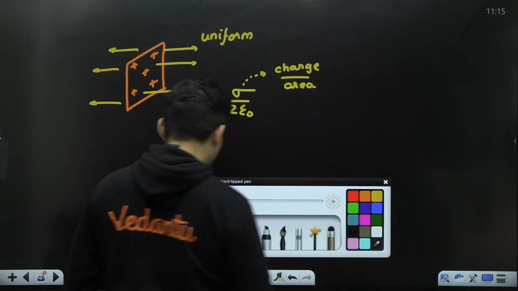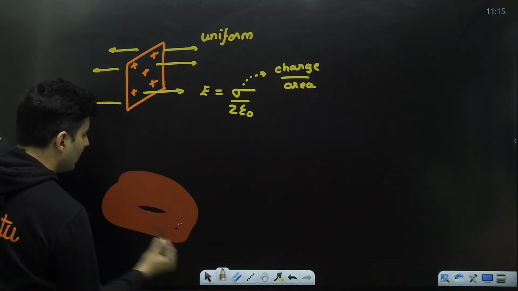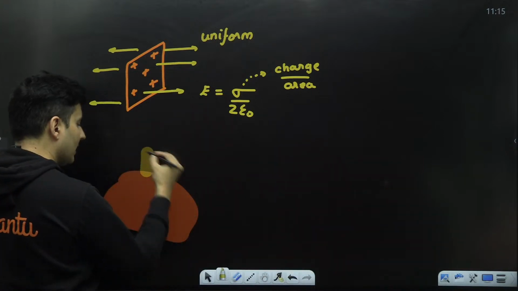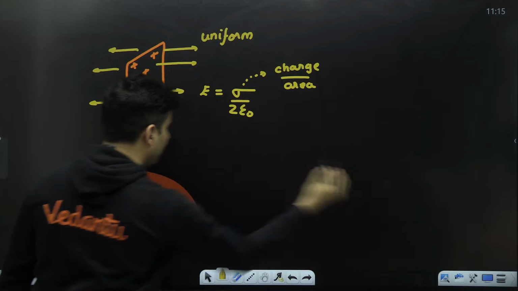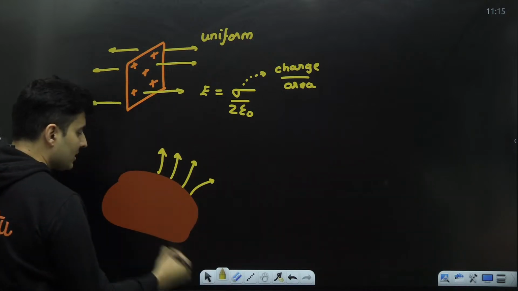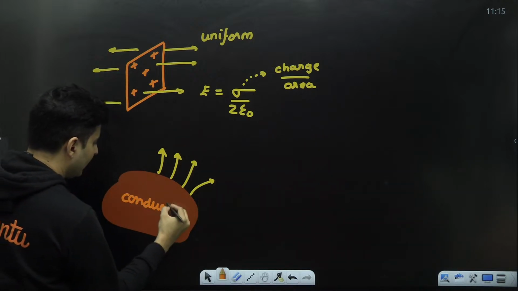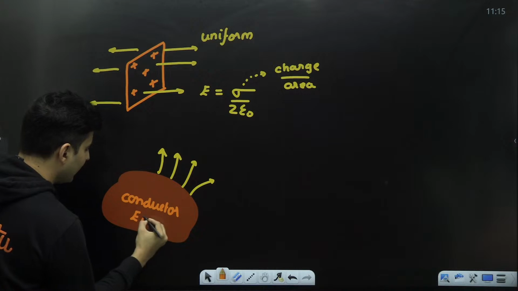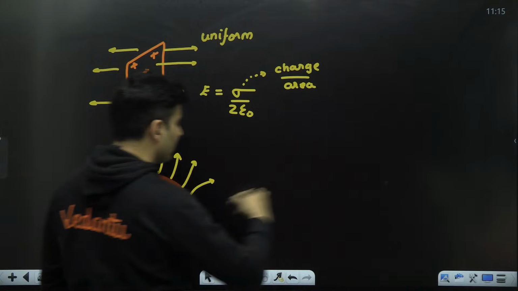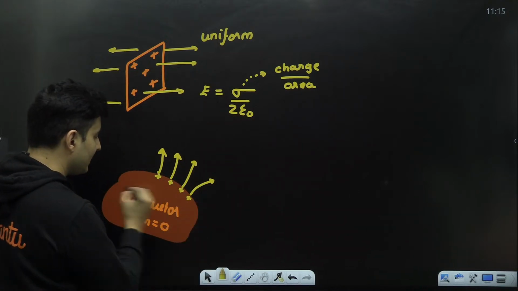But imagine you have a conductor, and you are talking about the field on the surface of a conductor. We know that for a conductor, the field inside is always going to be 0. It's only the surface where the field starts to originate, because all the charges will always be on the surface, never inside.